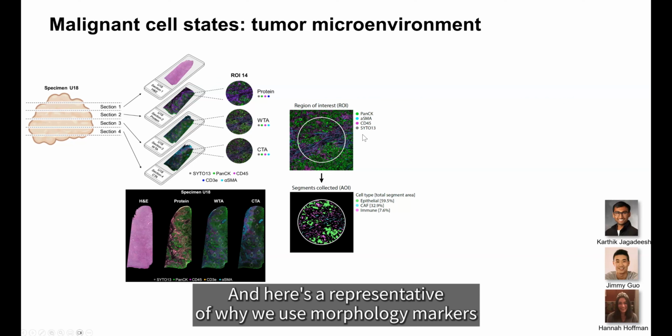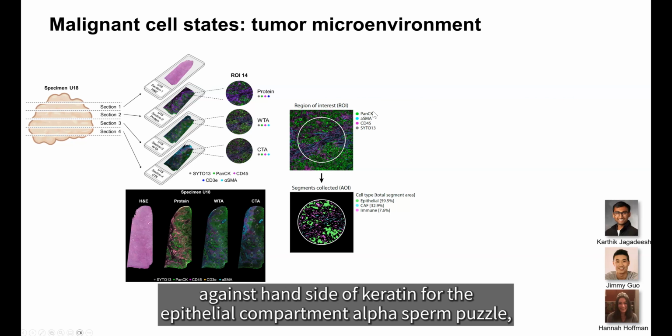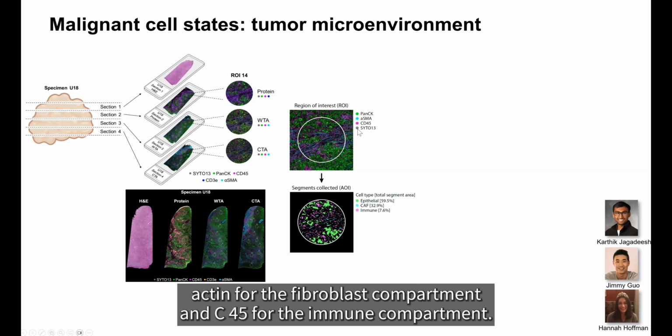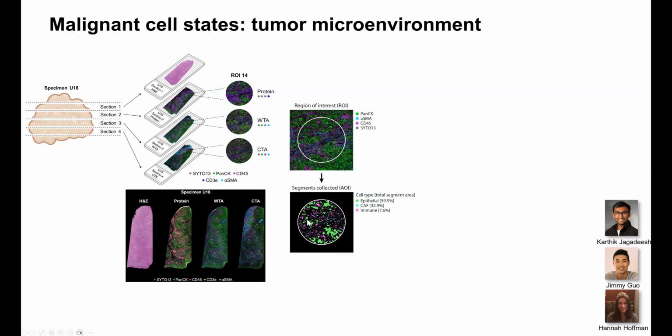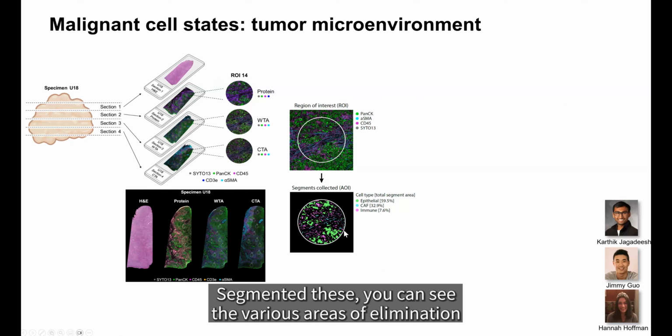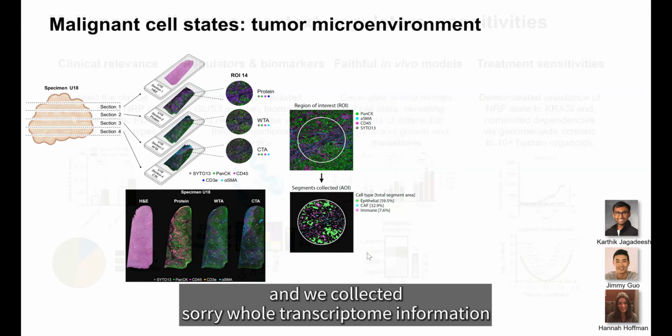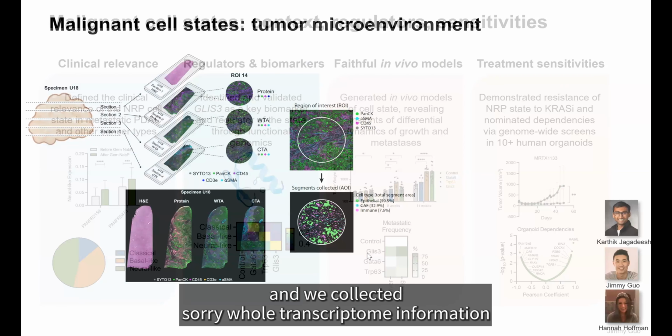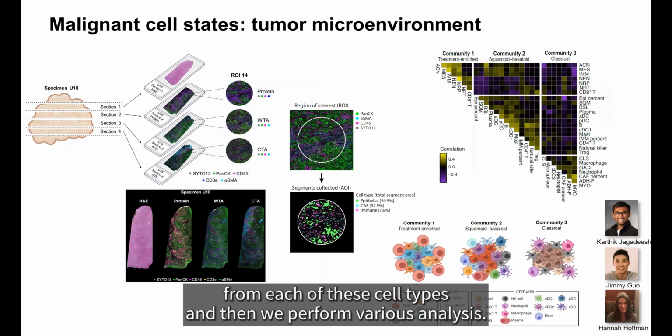We use morphology markers against pan-cytokeratin for the epithelial compartment, alpha smooth muscle actin for the fibroblast compartment, and CD45 for the immune compartment. Segmented these. You can see the various areas of illumination, and we collected whole transcriptome information from each of these cell types. And then we performed various analyses.